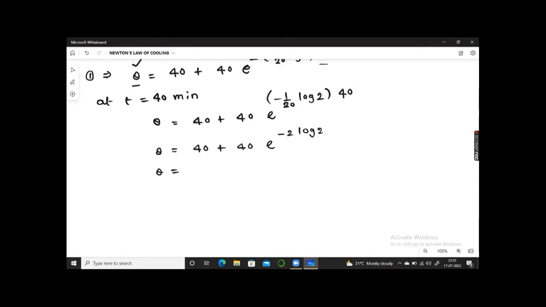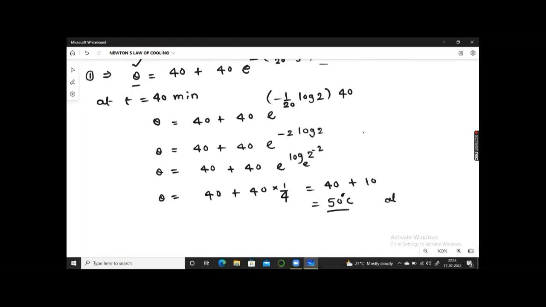So theta is equal to 40 plus 40 into e to the power of log base e of 2 to the power minus 2, the e and log base e cancel each other. So finally you get 2 to the power minus 2, which means 1 by 4. It means 40 plus 4 into 10. So theta is equal to 50 degrees centigrade.